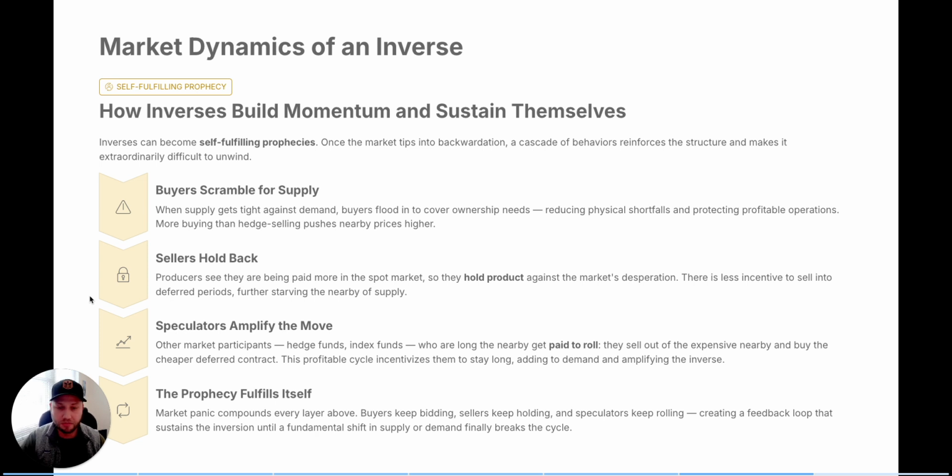It creates that feedback loop that really sustains this inverse until there is a true economic fundamental shift in the supply and demand that breaks the cycle. Then you also have that behavioral side, which is this market panic. That is, we have to keep buying everything we can to make sure we have coverage, right? And that demand, even if it's essentially false demand because it's just a behavioral thing, still happens in the market and keeps that inverse really propped up.